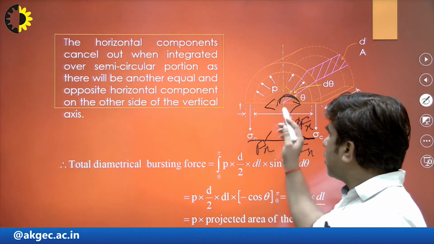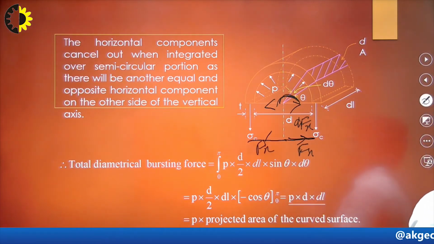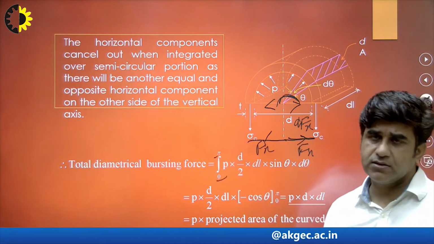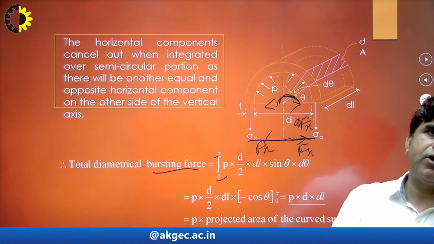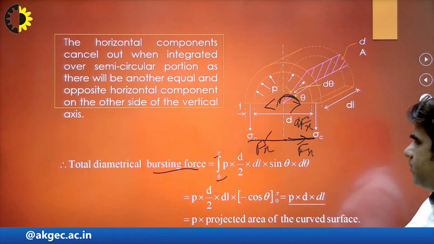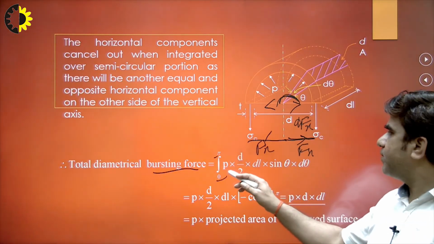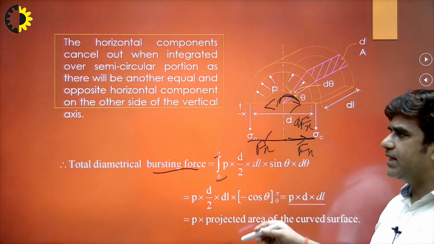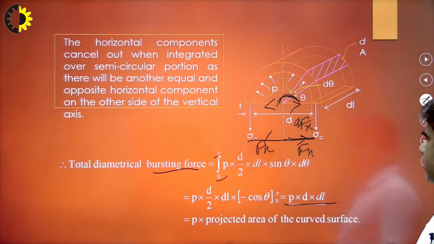Now the only force left is the vertical component. If I integrate that vertical component between the limits 0 to pi, I may find the bursting force acting on the cylindrical wall. Integrating 0 to pi of P into d by 2 into dl into sin theta into d theta and putting the limits, this reduces to P into dl into d.